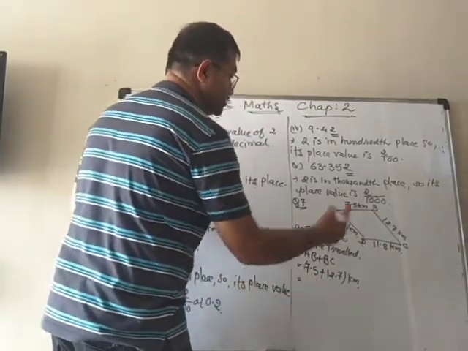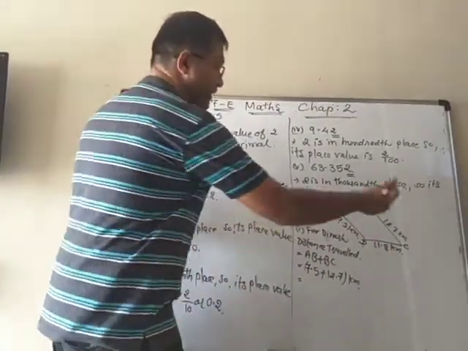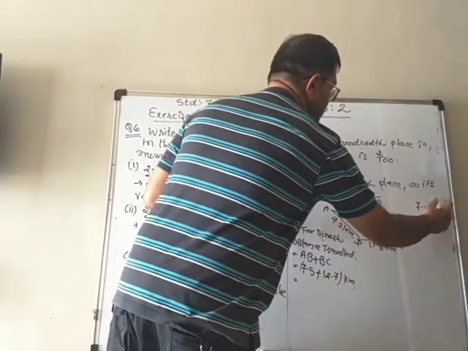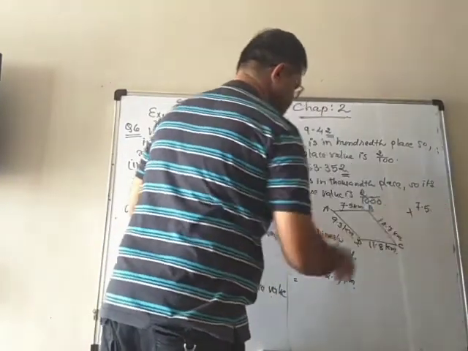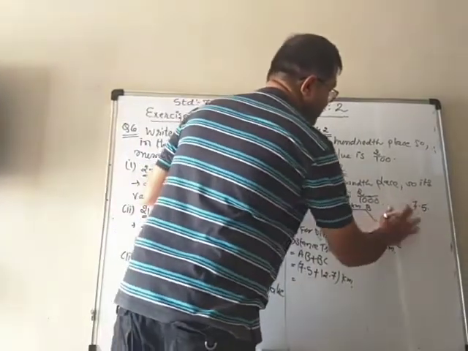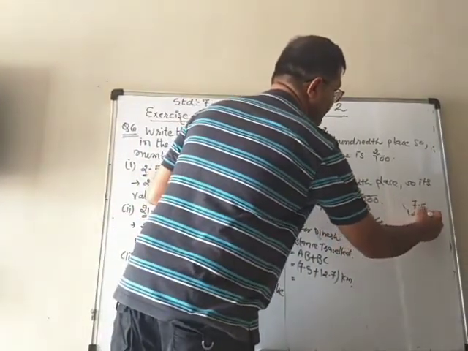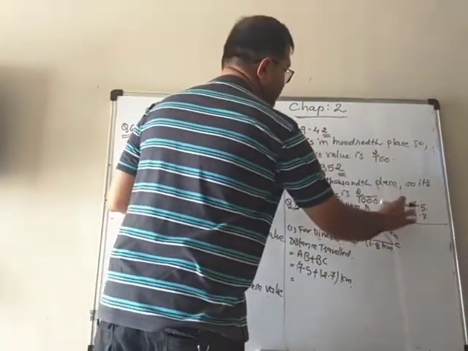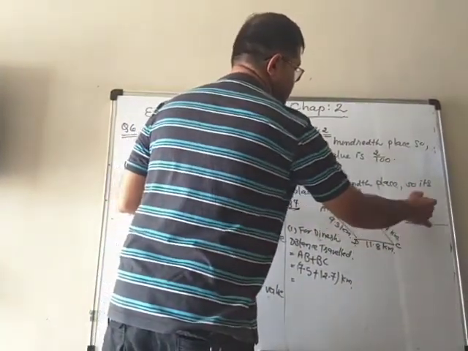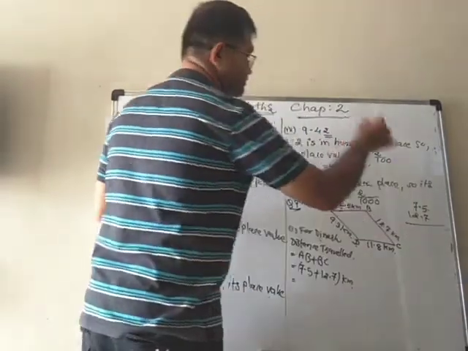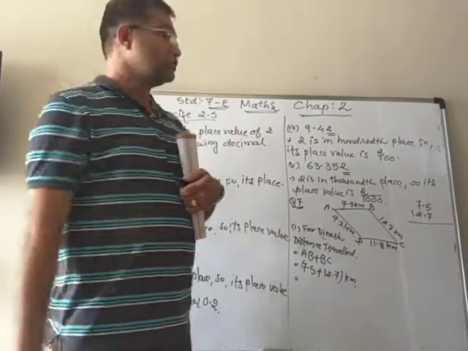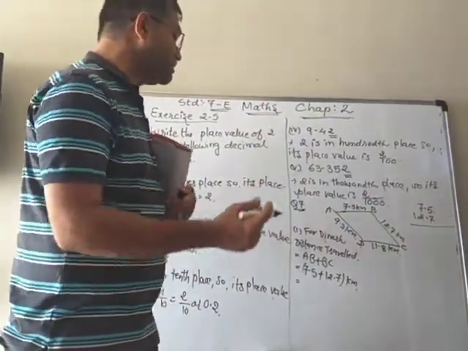Now you can do that on the side or on the rough page. 7.5 plus 12.7. When you add decimal numbers, you already learned in the previous standard that the decimal points must be in the same line, and according to that you adjust the other digits.